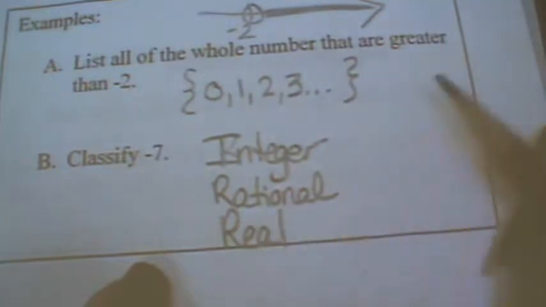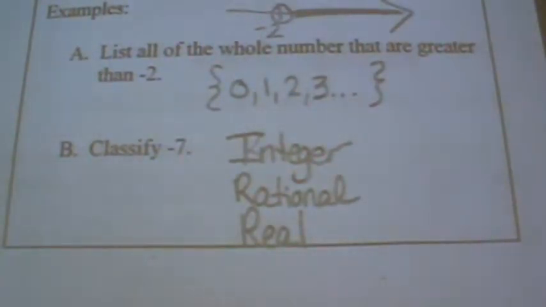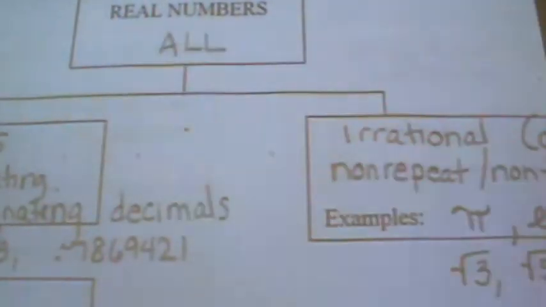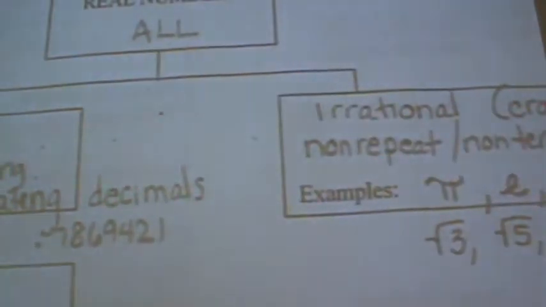These are all the classifications. If I said classify pi, pi is an irrational and a real. They're all real, so you need to include that in every category. Okay? Next.